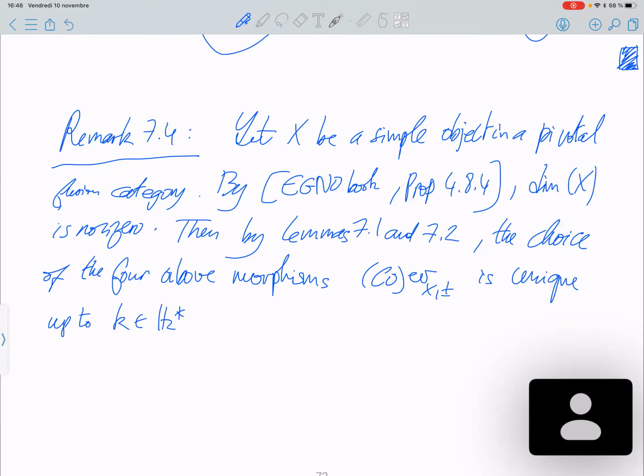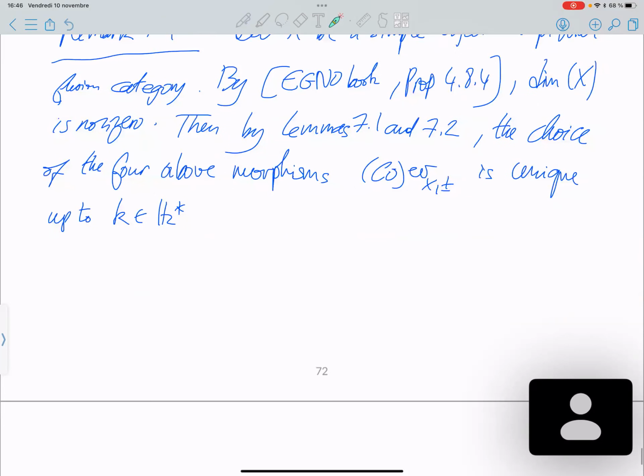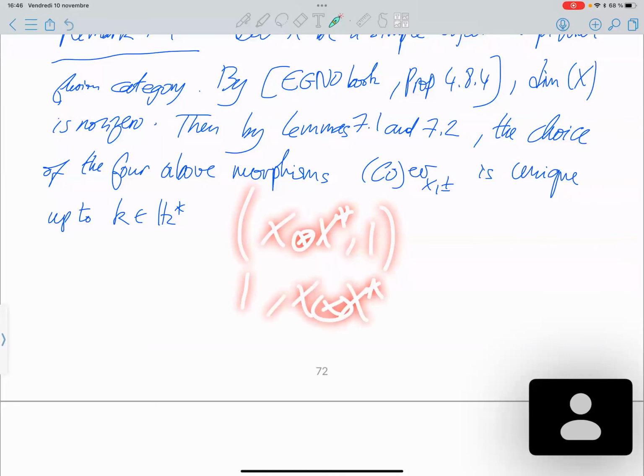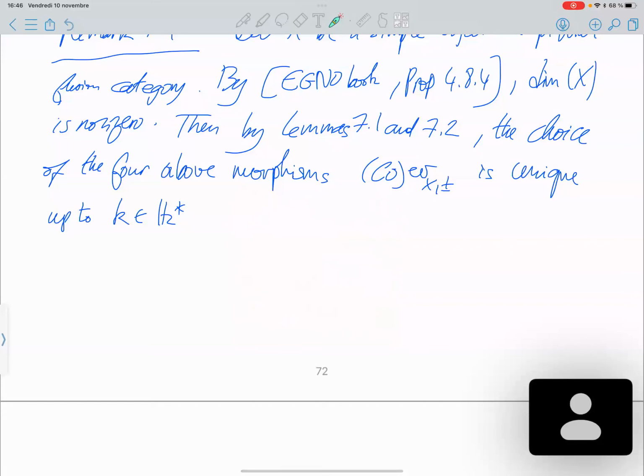So these morphisms, when X is simple, are in fact just an element in some Hom space, something with a star here or here. So these Hom spaces are one-dimensional.